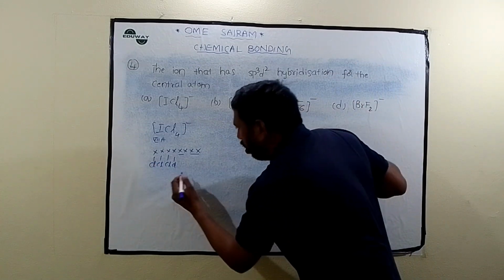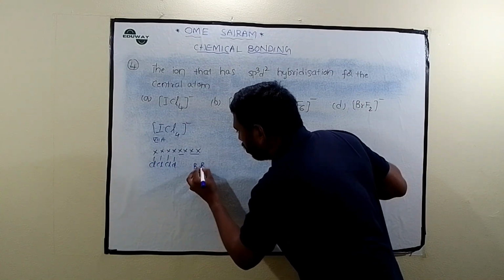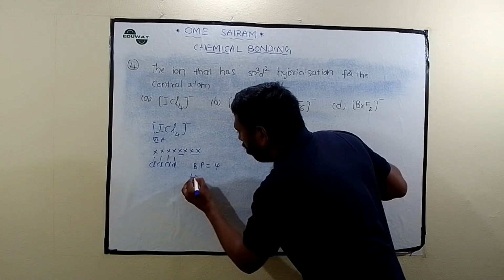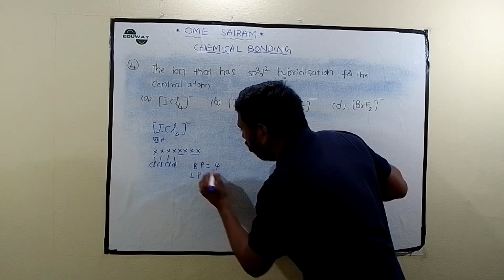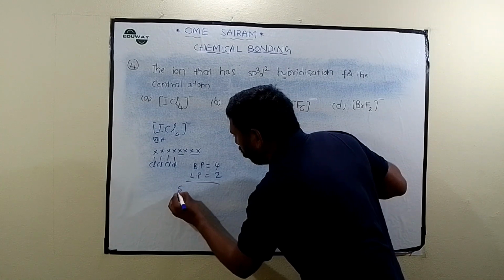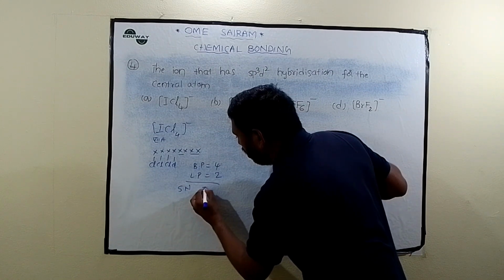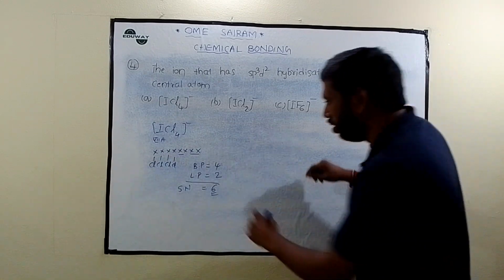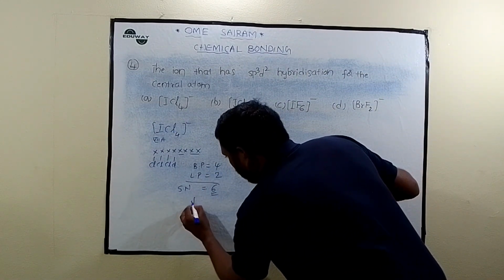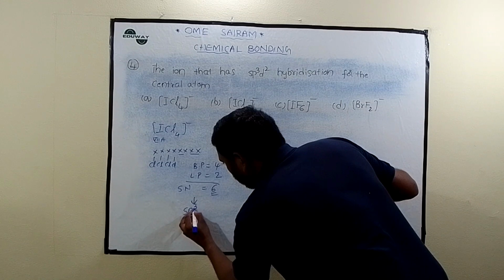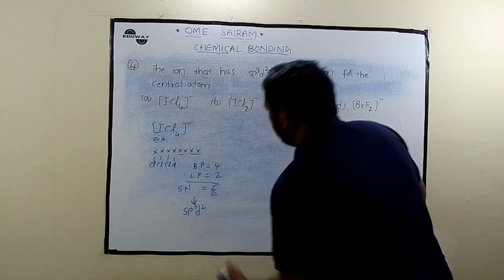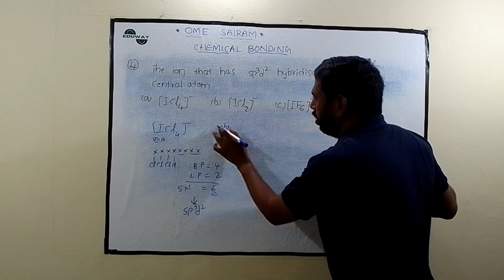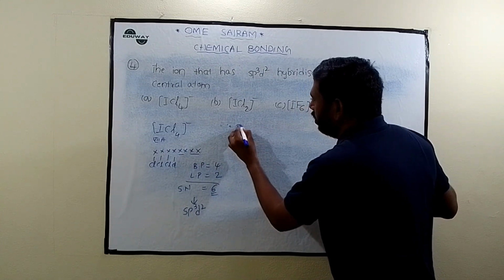How many bond pairs here? 4 bond pairs. And how many lone pairs? 2 lone pairs. What is the steric number here? 6. If the steric number is 6, that hybridization is sp3d2.